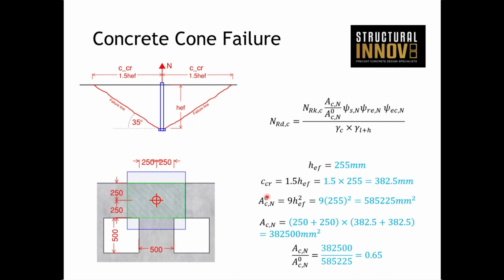Calculate your critical edge distance and you work out your area formulas. So you can see clearly here that the green area is less than the blue area. And when we work out the numbers, it's actually 65%. So 0.65 is our reduction factor on the concrete cone area, the breakout body. We'll hold on to that and it'll be plugged in here in a few minutes.